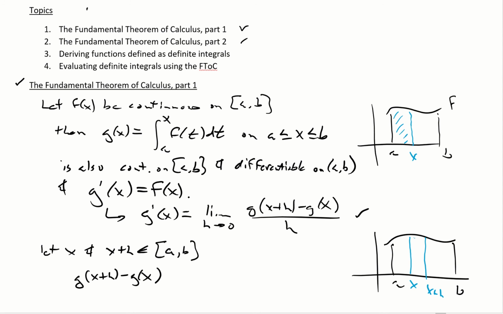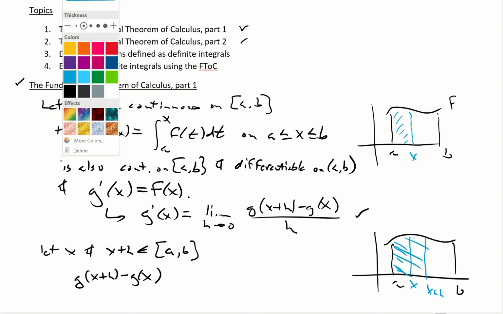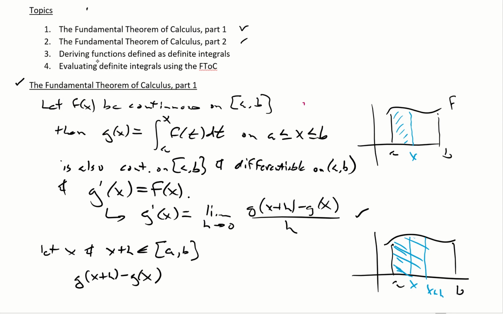And when you do g of x by itself, it's this guy. But if you go g of x plus h, it goes a little bit farther out. And so what happens is you have to introduce another color and say, the difference between the areas is right there, okay? So a way to say that is to say it's equal to, let's write out what it means first.